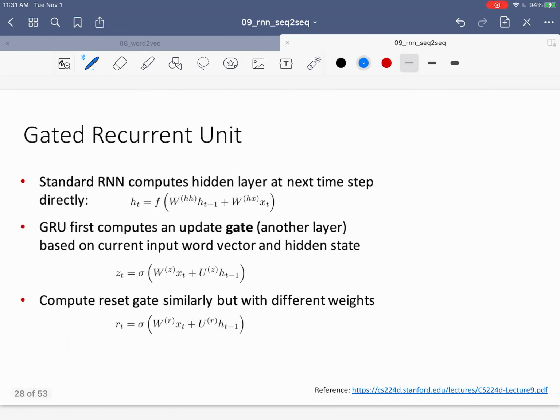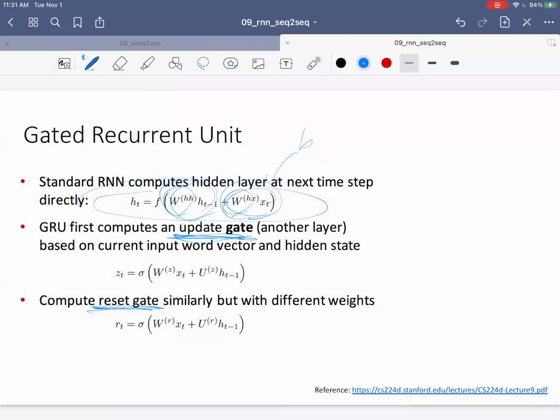So in a standard RNN, if you forget about the bias vector, this is all you need. You have WH and WI, and you simply linearly transform your previous hidden layer and your current input, and that's it. But in GRU, you have 2 gates, called the update gate and the reset gate.